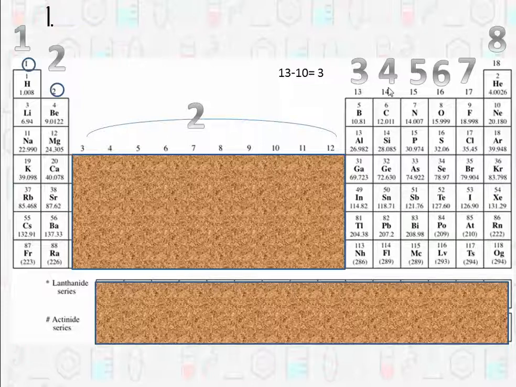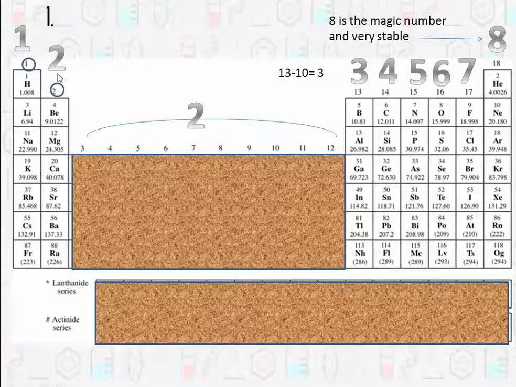So 13 has 3, 14 has 4, and so on until 18 has 8. Remember that 8 is the magic number, and that means it's a very stable atom. It has 8 electrons in its outer level, and they all want to get to that. All of these want to be 8.